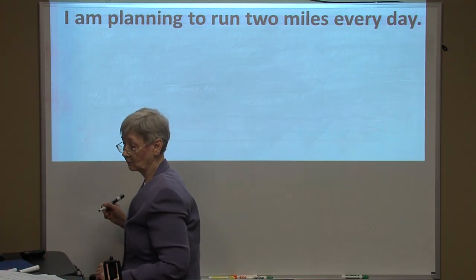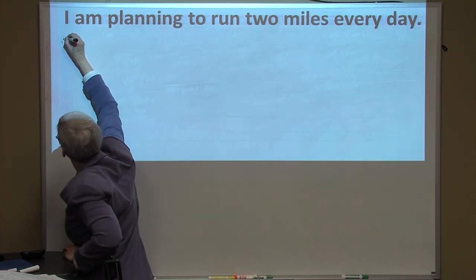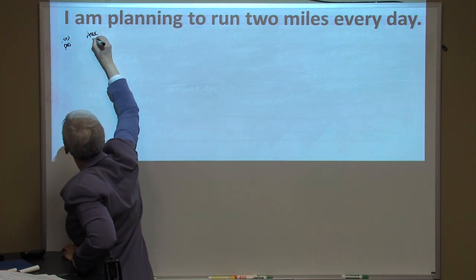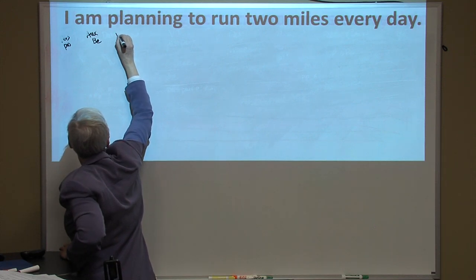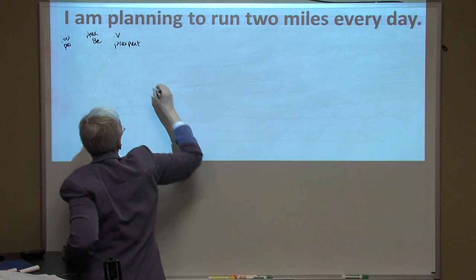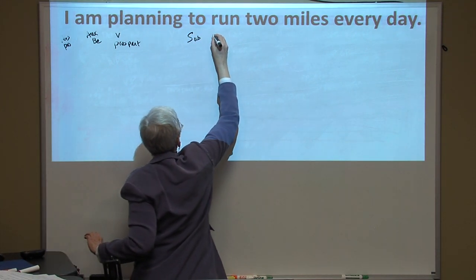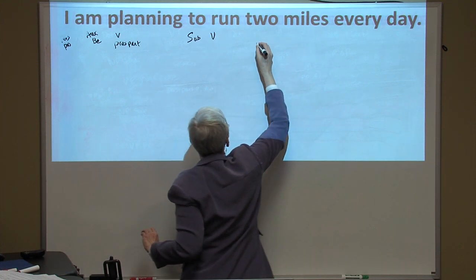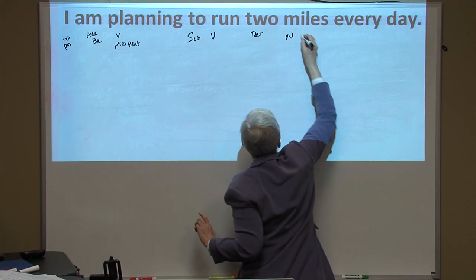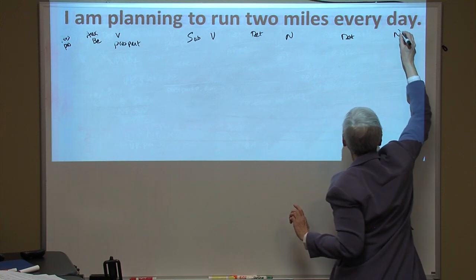I am planning to run 2 miles every day. I is a personal pronoun. Am is auxiliary be. Planning is a present participle of a verb. To is that infinitive subordinator. Run is a verb. To, this two, is a determiner. Miles is a noun. Every is a determiner. And day is a noun.